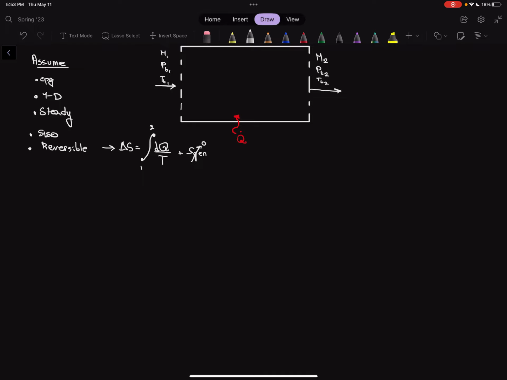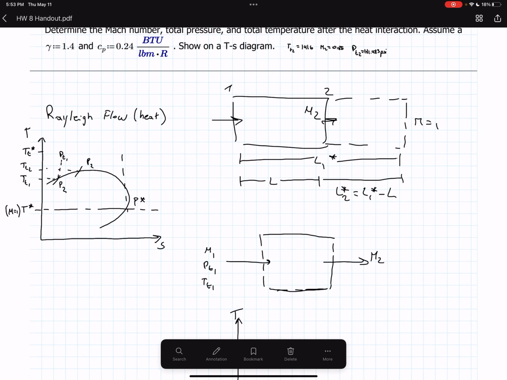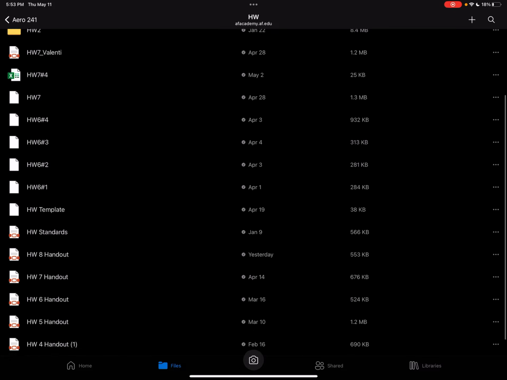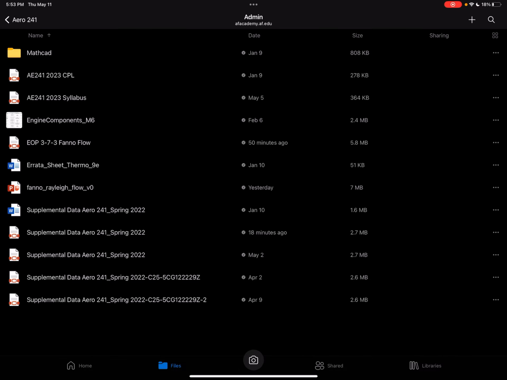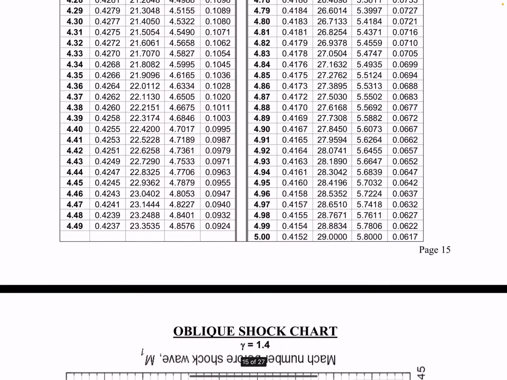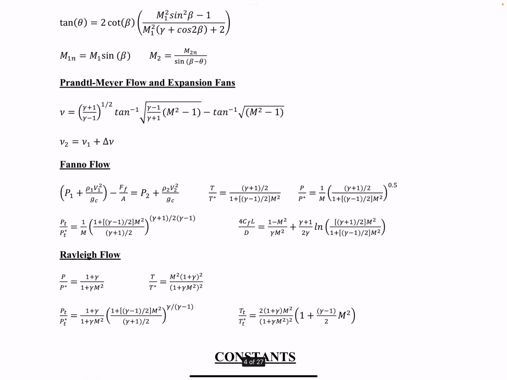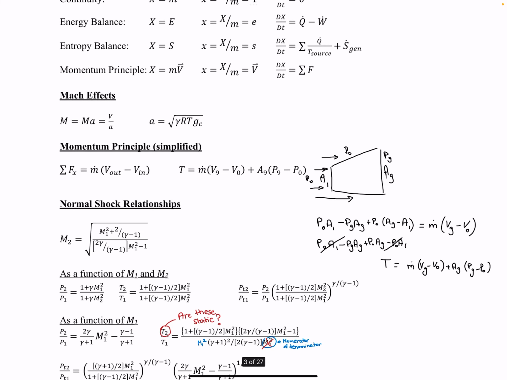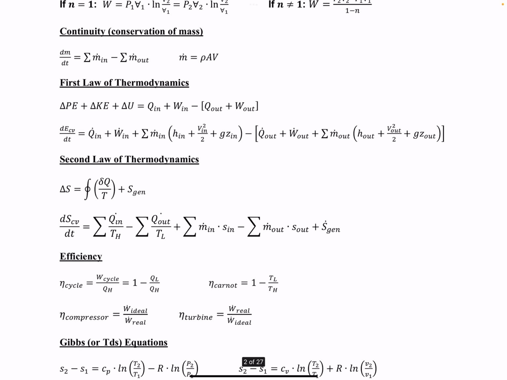So how do we do this? Well, we go to the supplemental data pack, and I want to show you the rate version of the first law of thermodynamics. That's going to be over here. If we go up to our equations, we notice we start to have all of these equations. Here we have the first law of thermodynamics, which is this one right here.